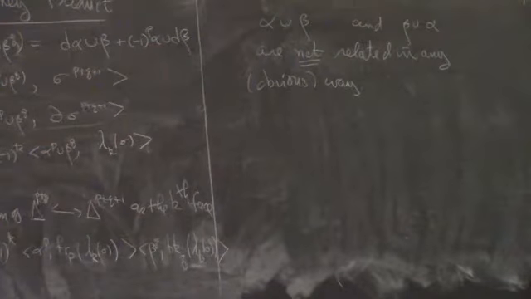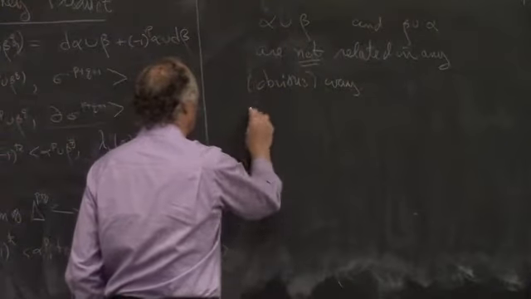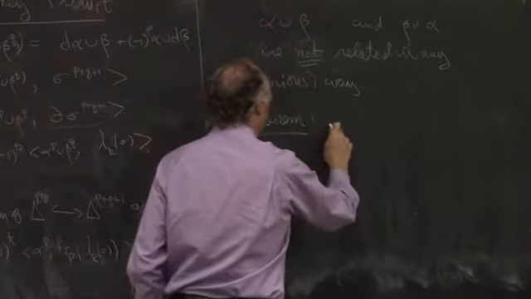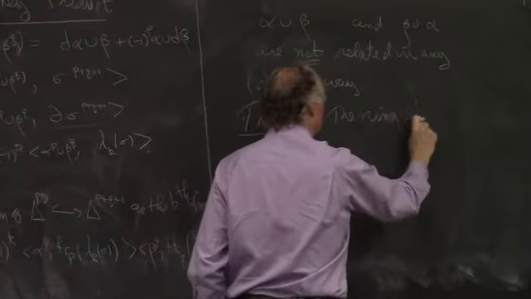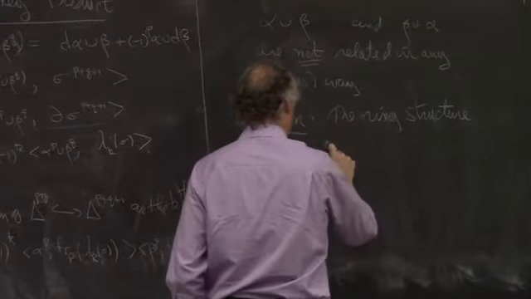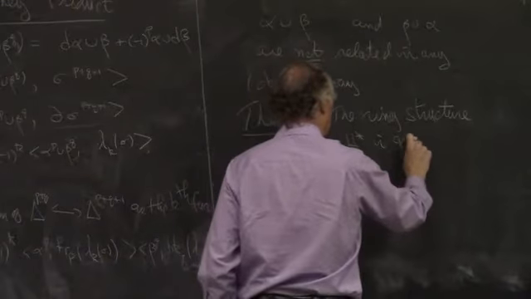But it is nevertheless true that the ring structure on cohomology is graded commutative.